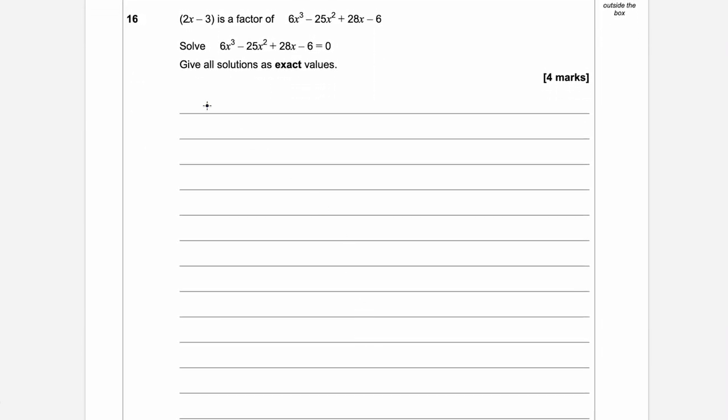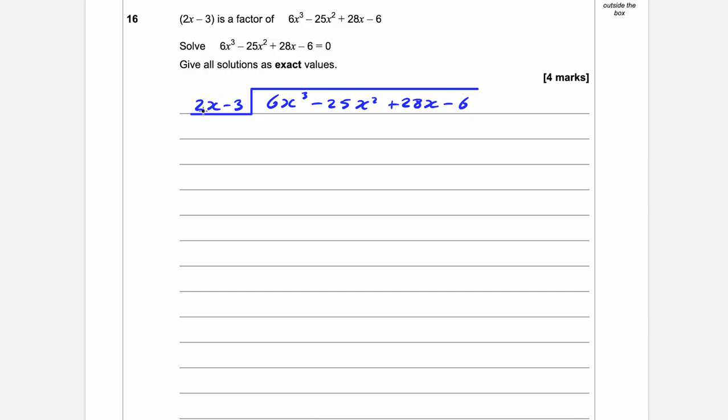Question 16. 2x minus 3 is a factor of this. Solve this equals 0, give all solutions as exact values. Okay, first and foremost, I have to do this long division. So I'm going to do 2x minus 3 into 6x cubed minus 25x squared plus 28x minus 6.